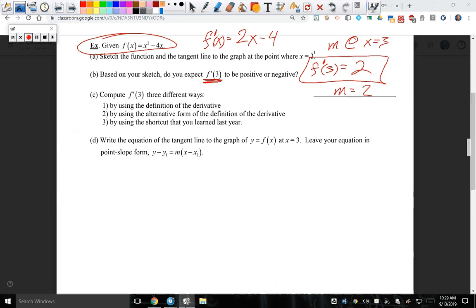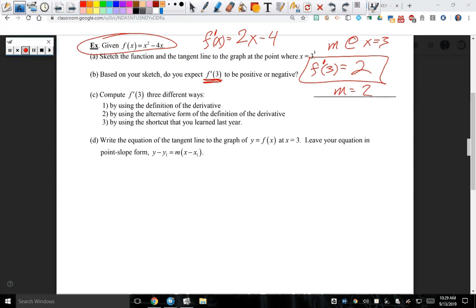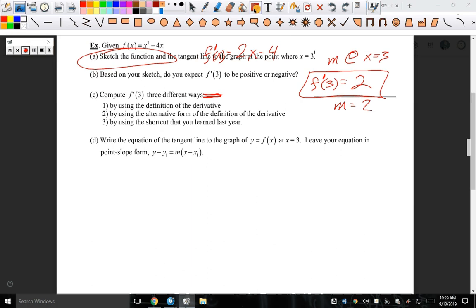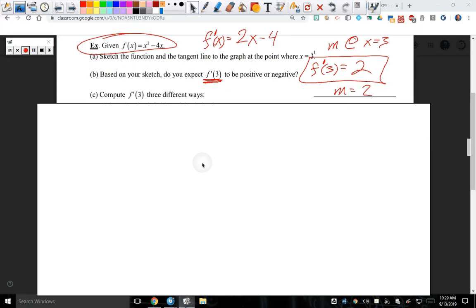So now, don't let this second alternative form confuse you. It is going to look or feel a little bit different, but nonetheless, we're still going to get the same answer. Okay? All right. It's the limit as x approaches c of f of x minus f of c.